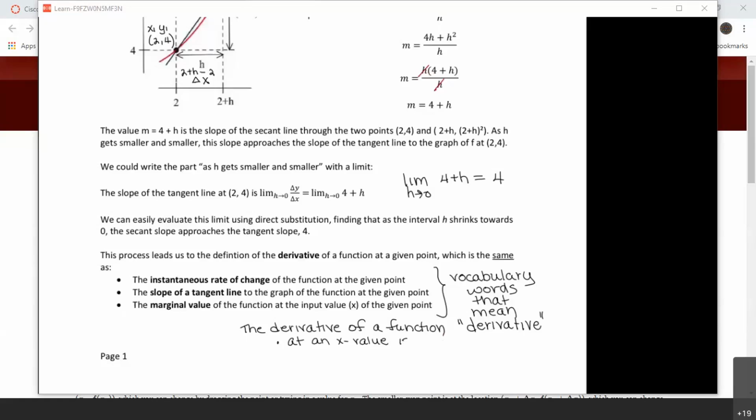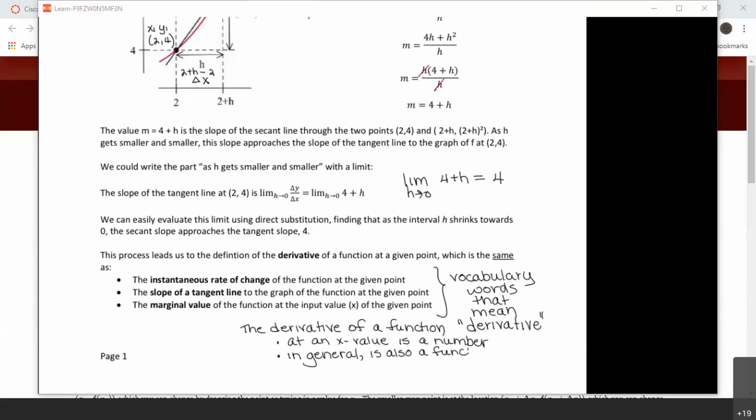It's a number, okay? It's a slope, right? It's the slope of your tangent line. The derivative of a function in general, right? And we'll talk about that next time. In other words, if I'm not saying at a particular x value, is also a function.